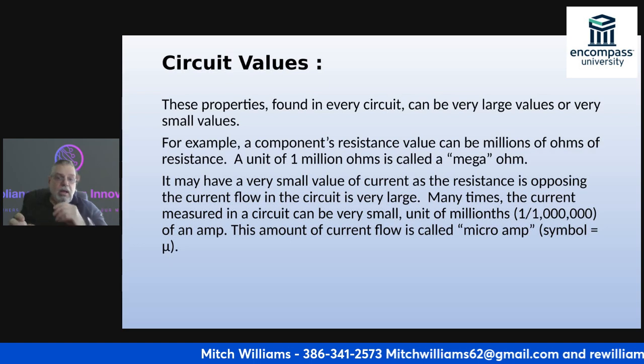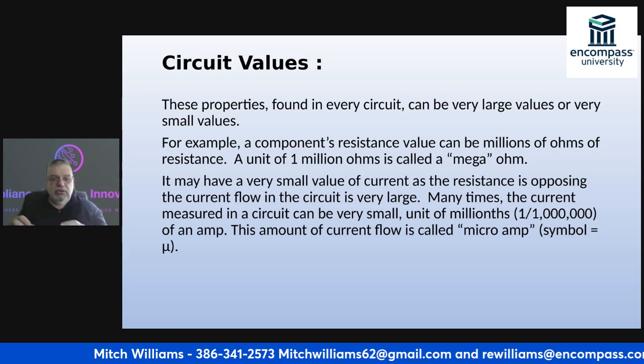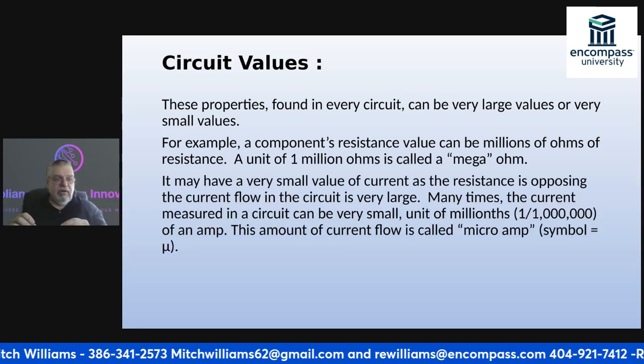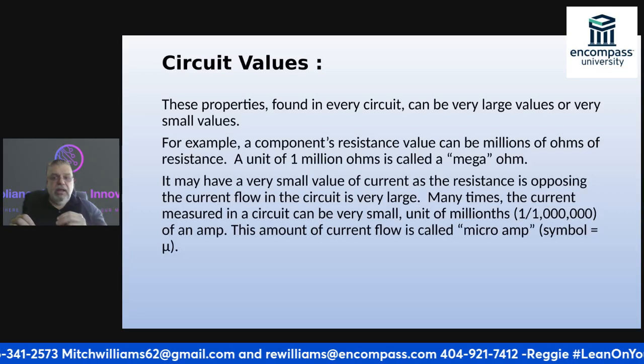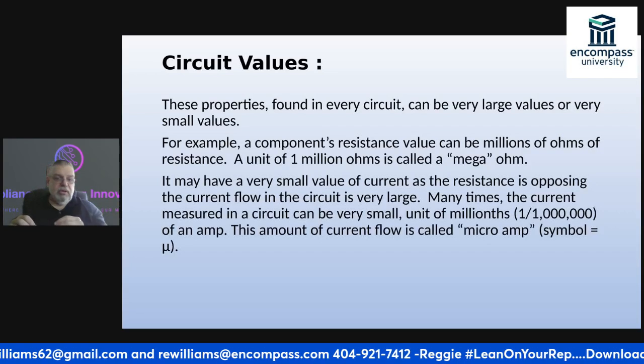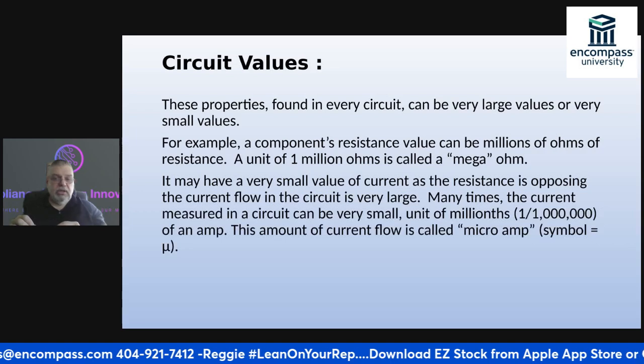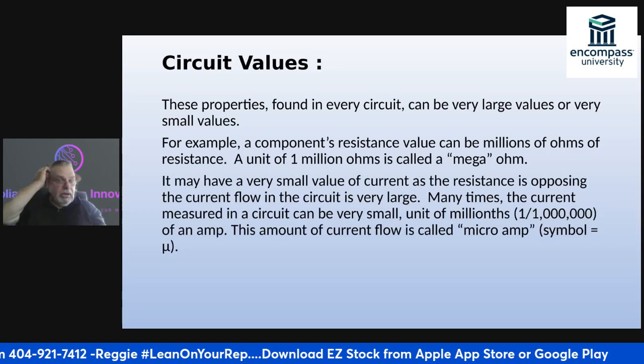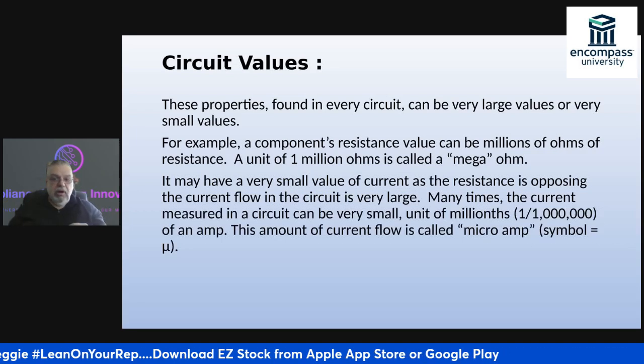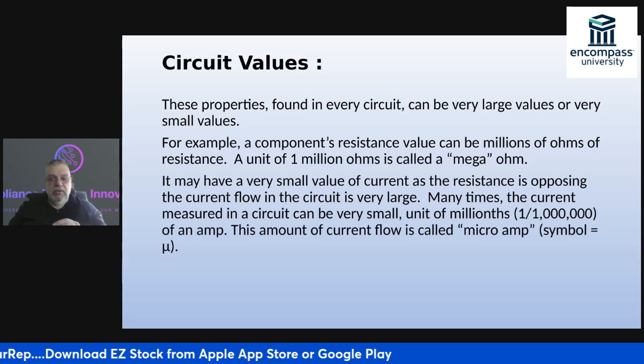If you have a very small value of current, and the resistance opposing the current flow in the circuit is very large, the measurement of the current can be very small, in units of one over a million of an amp.